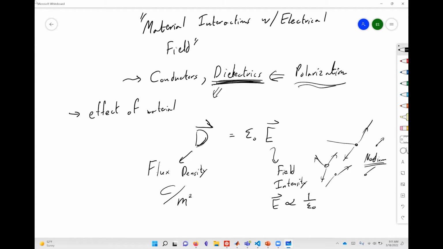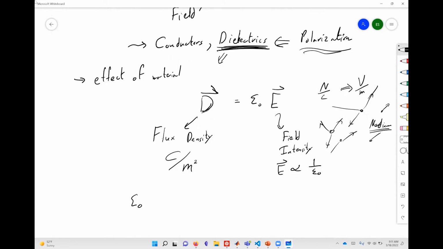Of course, E has units of Newton per Coulomb, and later on, after we introduced the potential, units of volt per meter. Okay, so we already know that epsilon naught is used to quantify properties of materials or mediums.